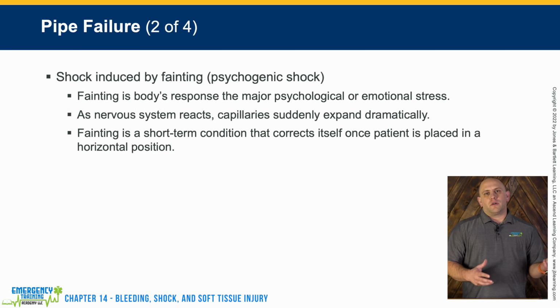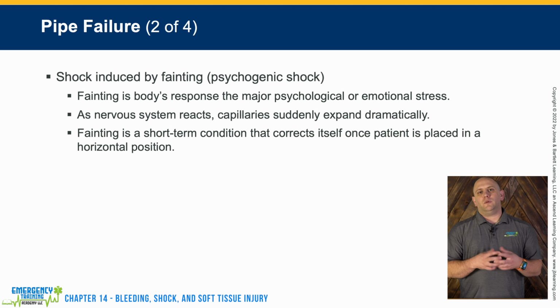A couple of the other things that we can see that cause a pipe failure, we have septic shock. This is caused when there is an overwhelming infection that has gone systemically throughout the body. The vessels will then begin to expand.